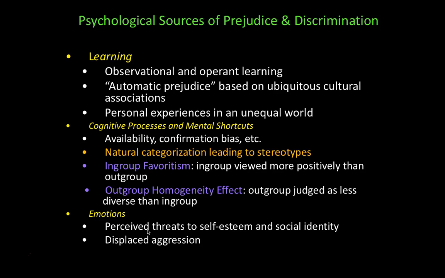So where does prejudice come from? Well, we've already seen in this course in introductory psychology learning and the processes by which learning occurs, and we've seen examples of how prejudiced beliefs and even feelings can be developed or learned through observational learning or through operant conditioning.